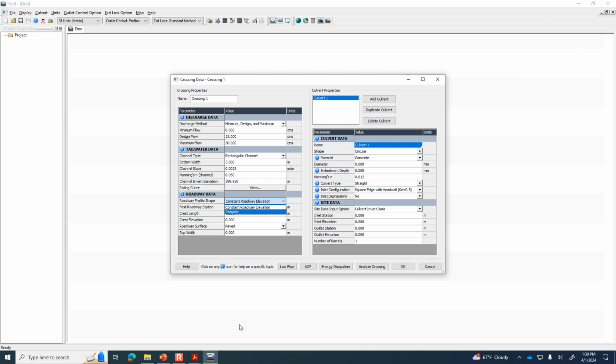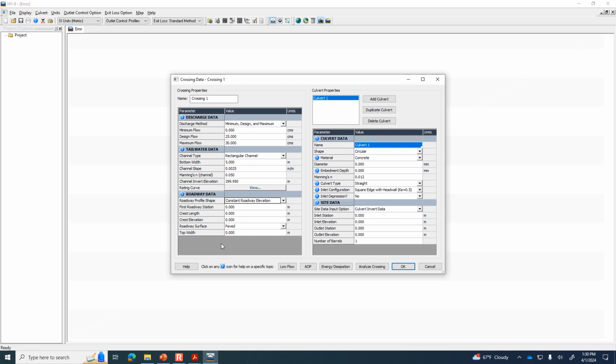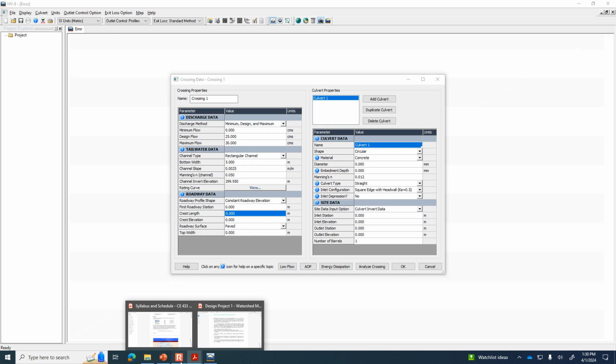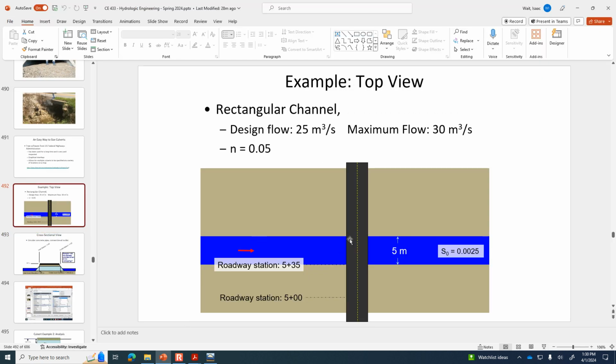We're assuming that the roadway is constant and the elevation is at 307 meters. So I'm going to say roadway elevation is constant. Crest length is 5 meters because it's the same as the channel width.